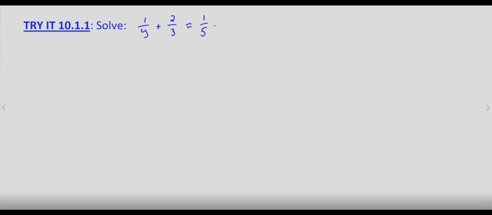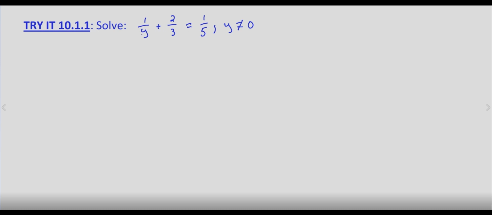So in this case, the only place we have the variable is in our first rational expression with 1 over y. So let's just write off to the side, y can't equal 0, because that would make the denominator 0, which is undefined.